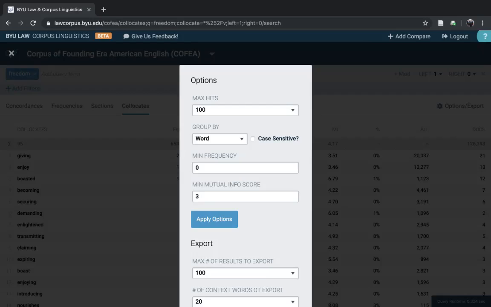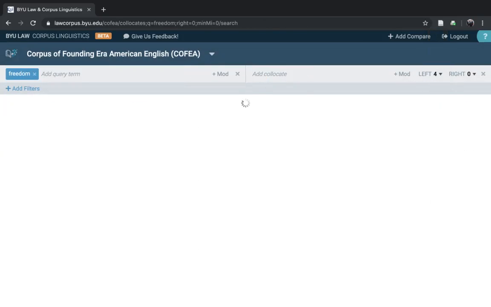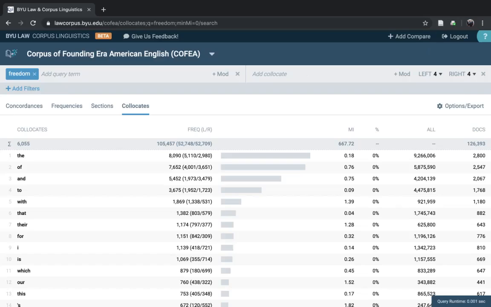So if we go to our current search and we turn this off, we make it just a mutual information score of 0 and then hit apply. And let's actually just go back to the default where we're looking at 4 to the left and 4 to the right.